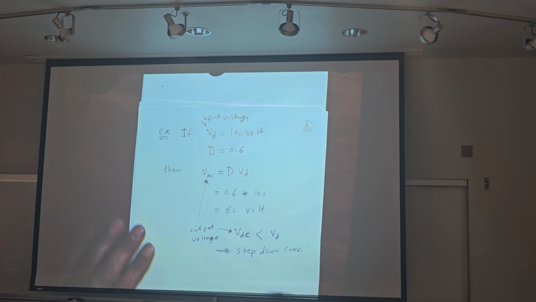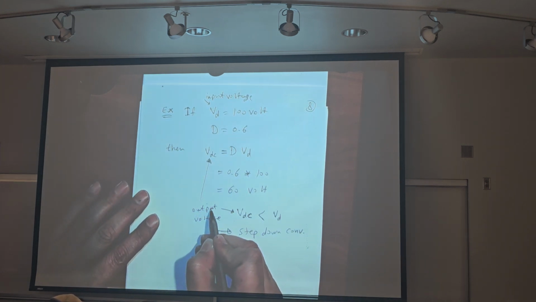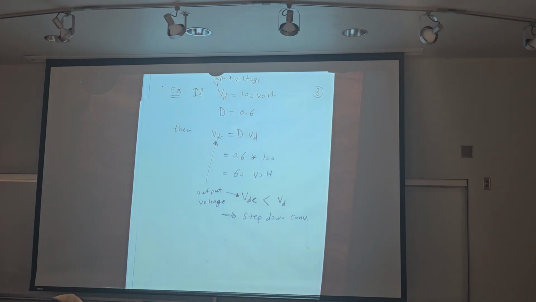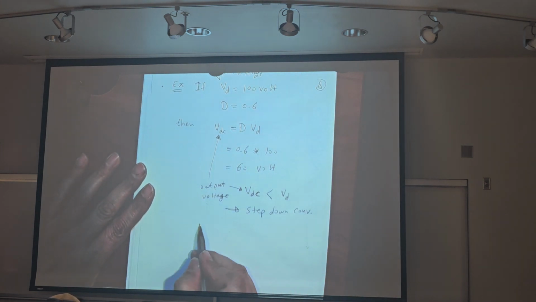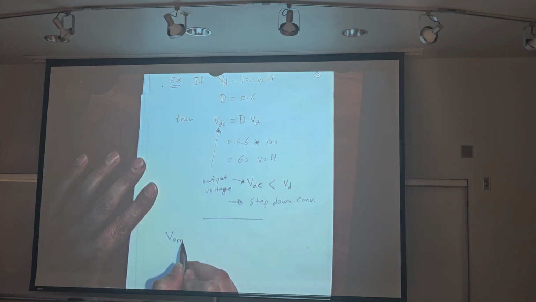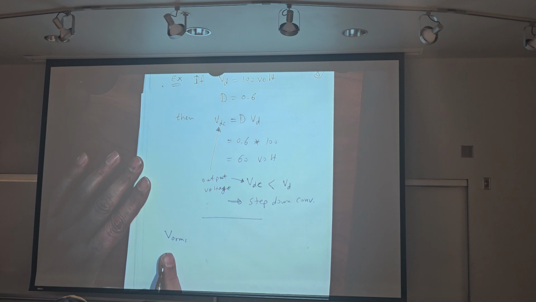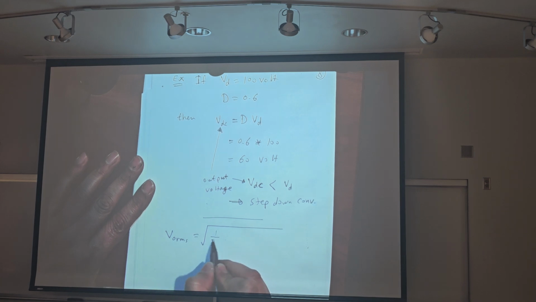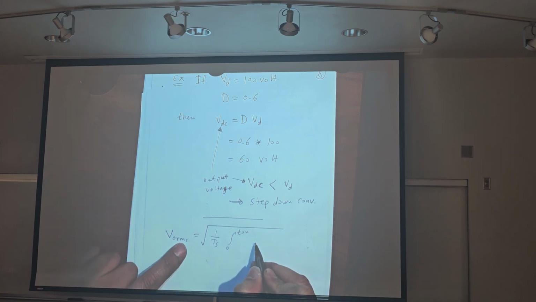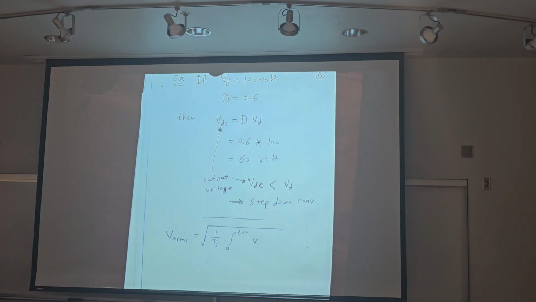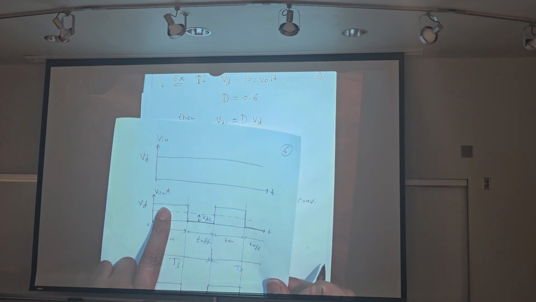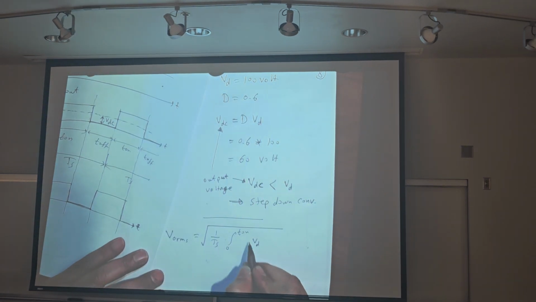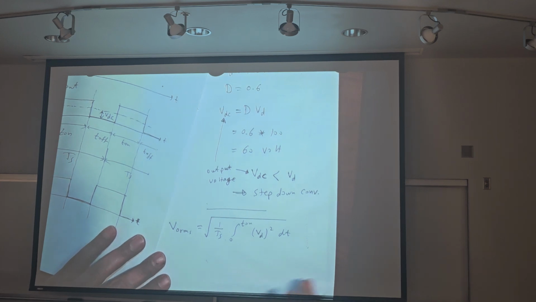Now, V output mean square, root mean square: 1/TS times the integral from 0 to T on of VD squared dt.